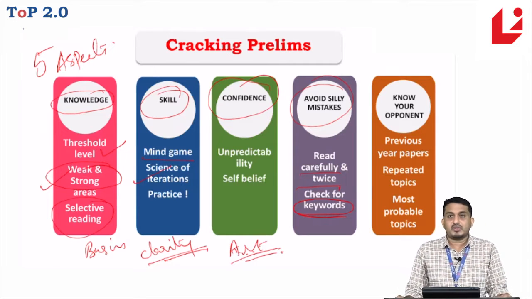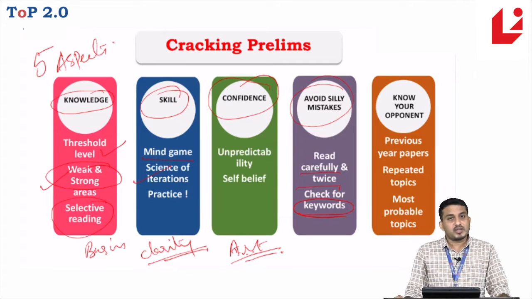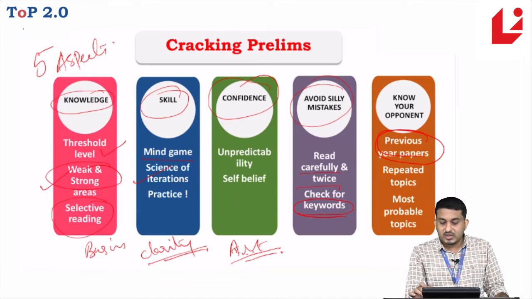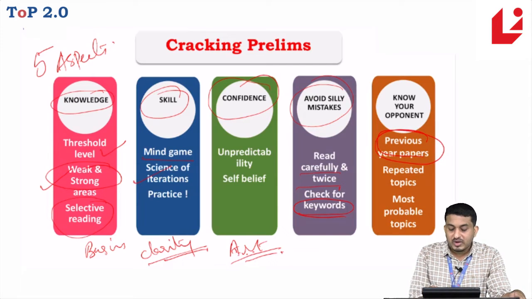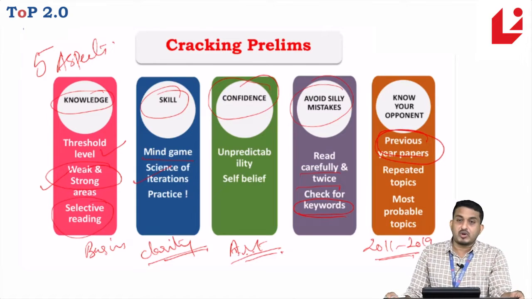So the source of information is the previous year question paper. So the most important thing is you need to analyze the previous year question papers. I would recommend you to go through the question papers from 2011 to 2019, and this will actually help you to identify the most repeated topics.